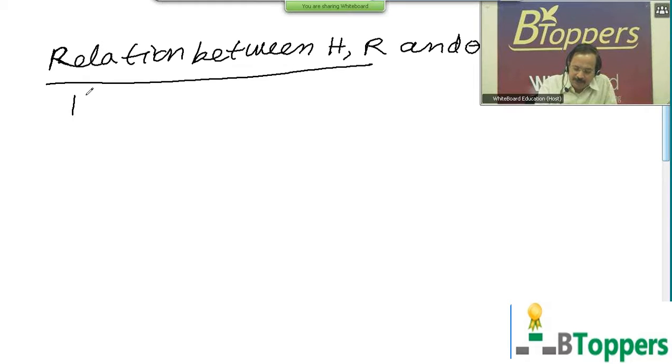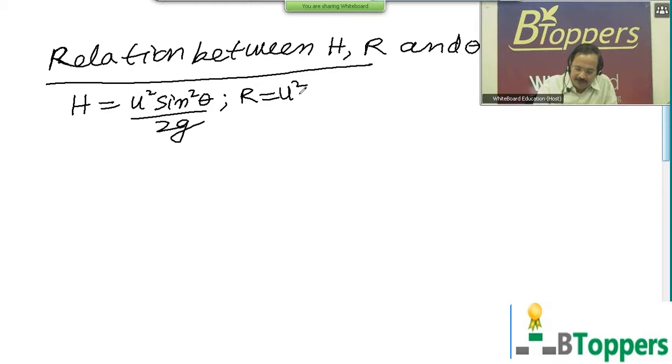The maximum height reached by the projectile above the horizontal plane of projection is given by u square sine square theta by 2g. The horizontal range of the projectile in terms of the initial speed u and angle of projection is given by R equal to u square sine 2 theta by g.